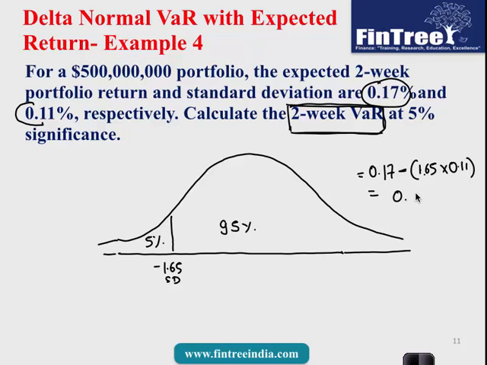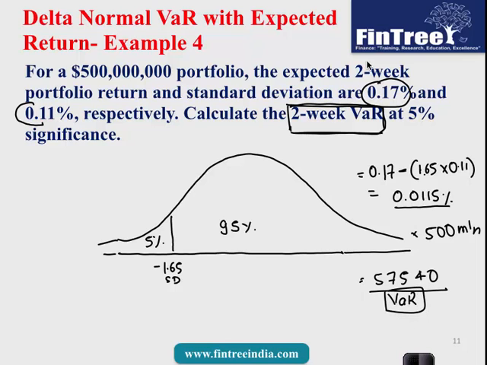In percentage, 0.0115 percentage, and then in amount we would multiply that with 500 million, so that would be 57,540. This is your 5% value at risk for 2-week VAR. Are we good to go ahead?